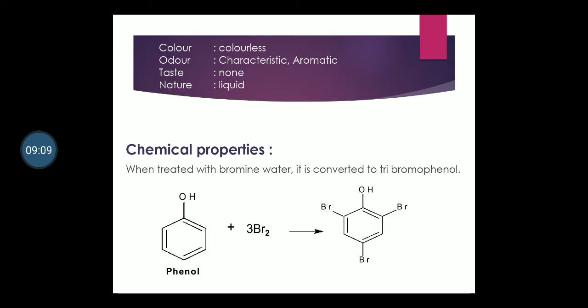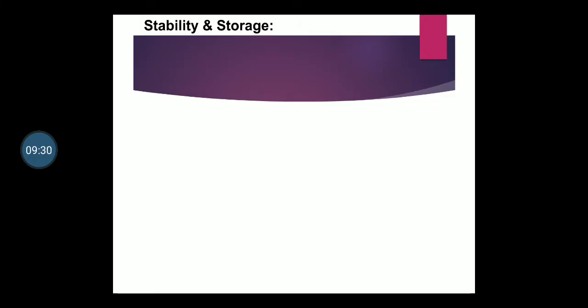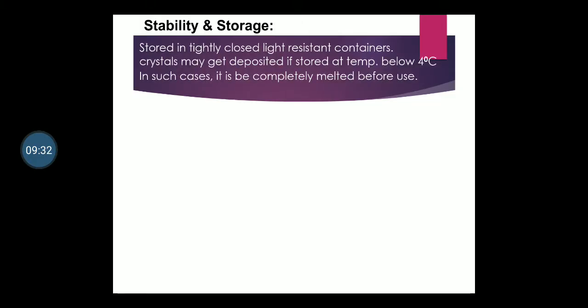The 3 hydrogens at the 2, 4 and 6 positions get replaced with 3 bromo groups, so it is an electrophilic substitution reaction as well as a bromination. Simply, phenol undergoes bromination and forms tribromophenol as a bromide derivative.